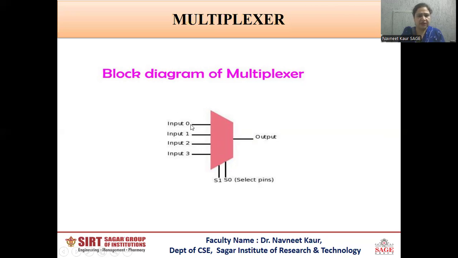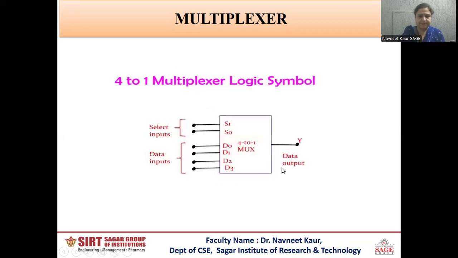The number of inputs is 2 raised to power n, where n is the number of selection lines. So here there are 4 inputs, that means 2 raised to power 2, where the value of n is 2. So here we will have 2 selection lines.